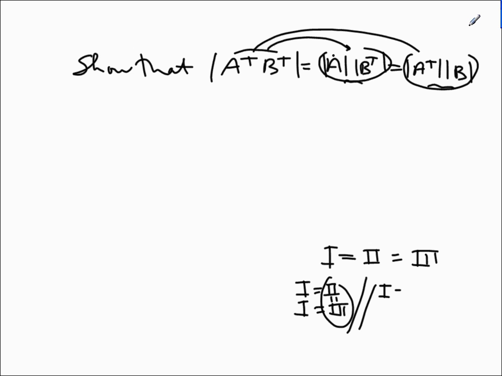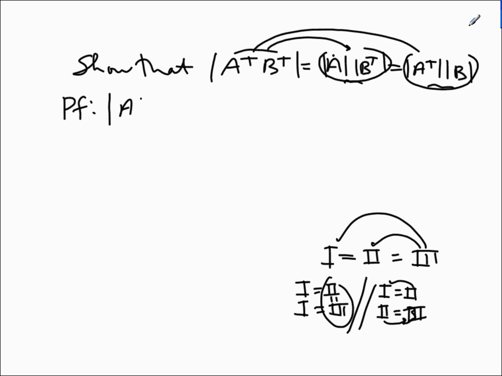Or you can show 1 equals 2, and then that 2 equals 3. That is, 2 equals 1 and 2 equals 3. So 1 equals 3. They're all equal. You can show that 3 is 1 and 3 is 2. So then all 3 are equal. All right, proof.